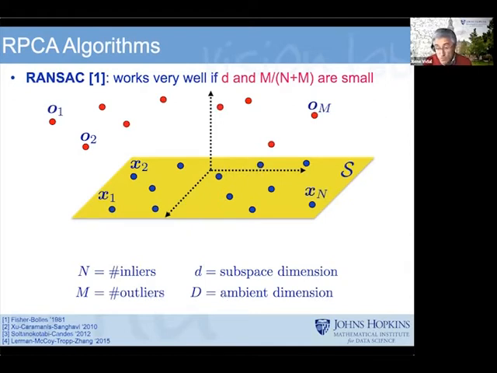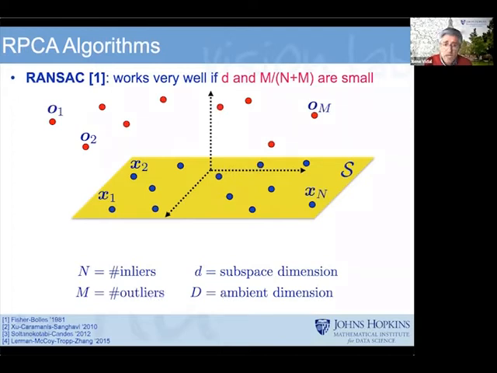Now, in practice, of course, when you randomly sample 3 points, it's not going to be the case that they're all inliers. So you just keep sampling many times. But the idea is that eventually you will find a good plane that has sufficient support, support in the sense of consensus, sufficiently many points within the subspace.